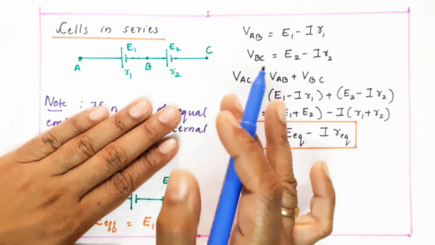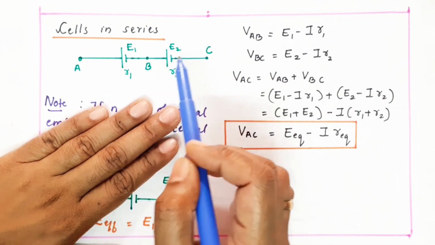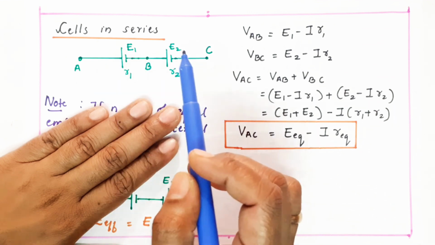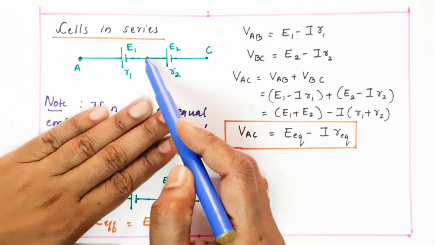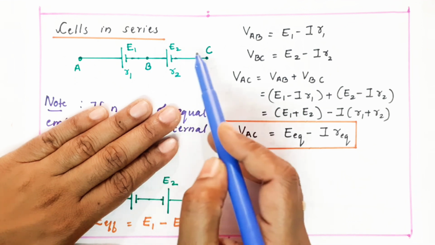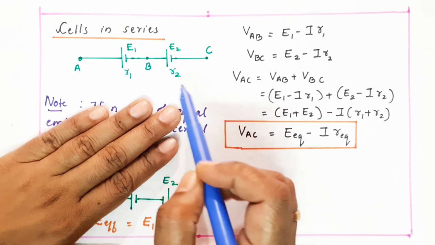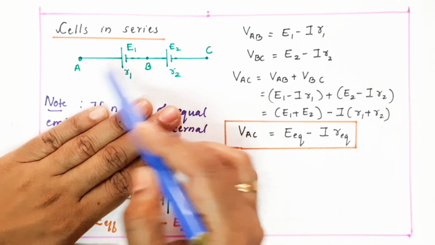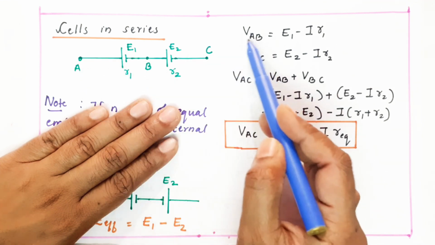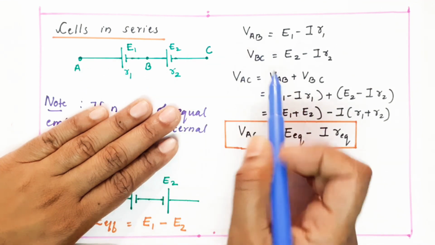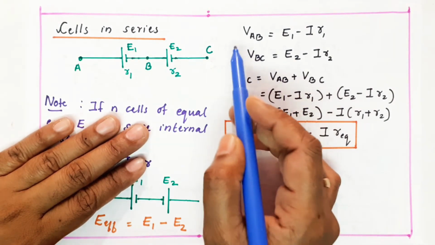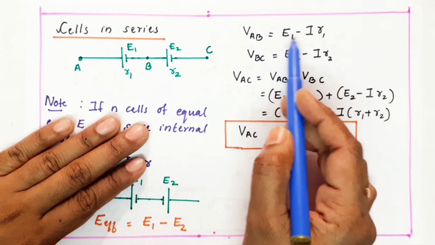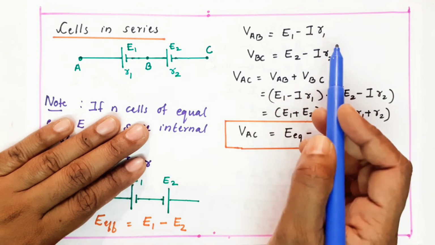For that, I am dividing this into two parts. The first part from A to B is across the first cell, and the second part is for the second cell. For the first cell, the potential difference VAB, that is the potential difference across A and B, I can take as VAB equals E1 minus IR1.